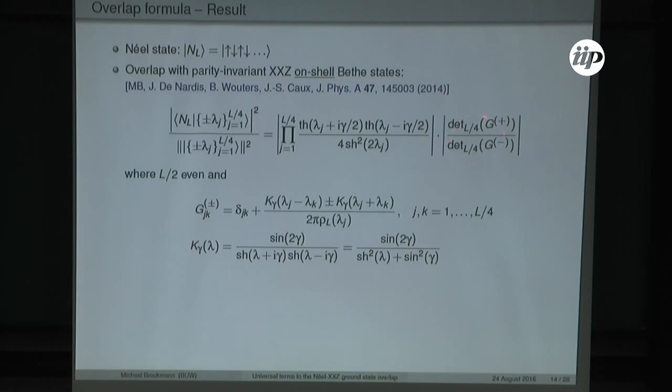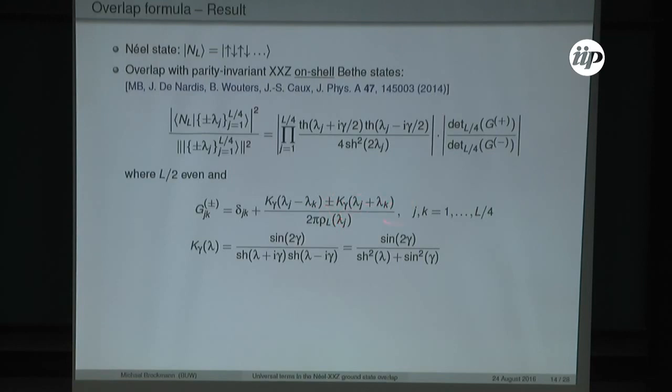These matrices are very similar to the matrices from the norm. So this G plus and G minus are given here. It is just 1 plus and then K of lambda_j minus lambda_k, plus minus, and then the sum of the two beta roots.